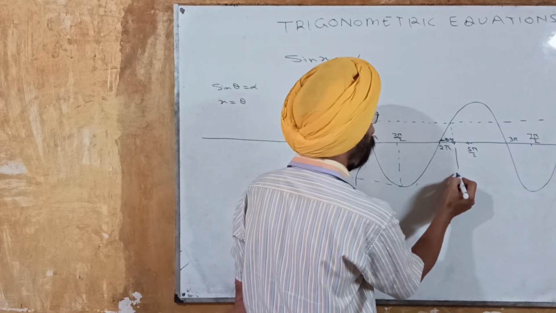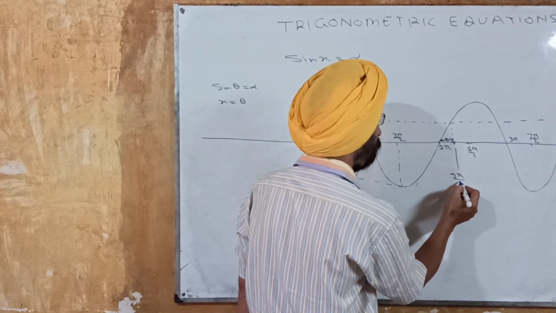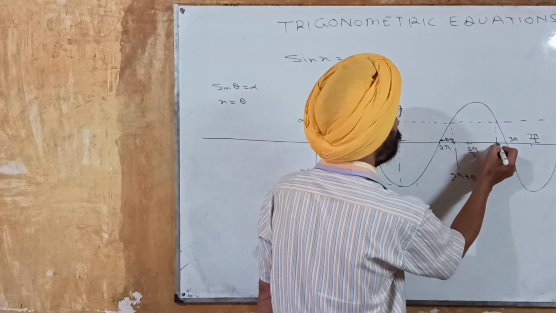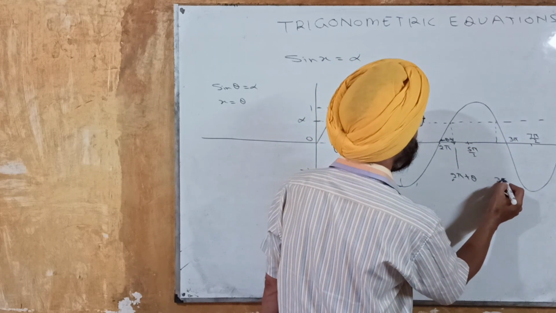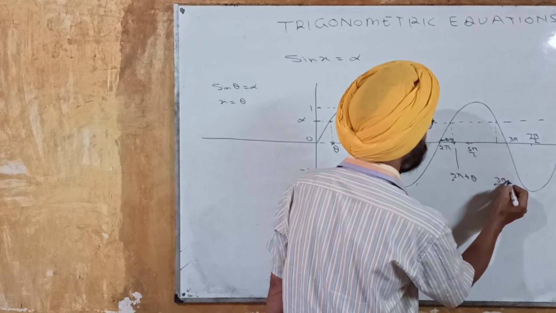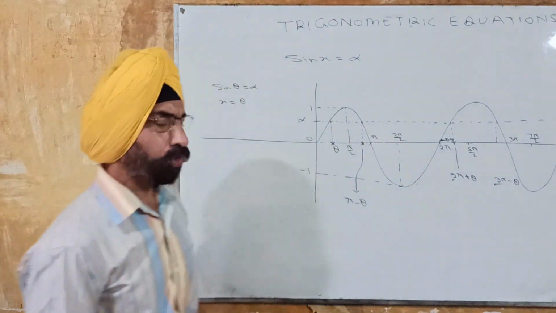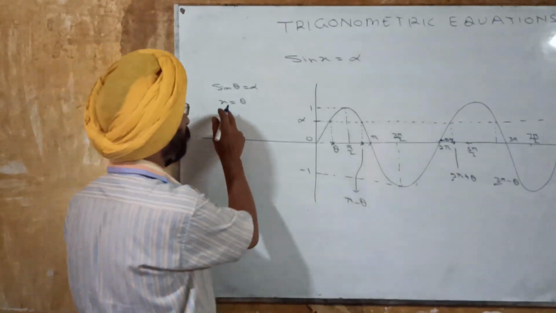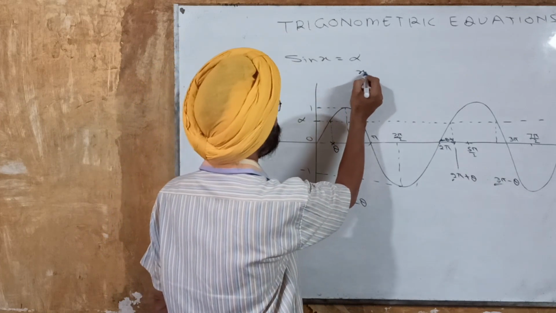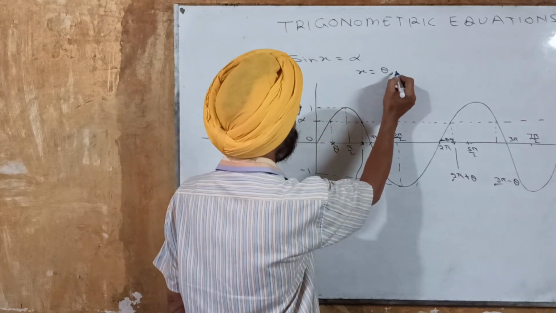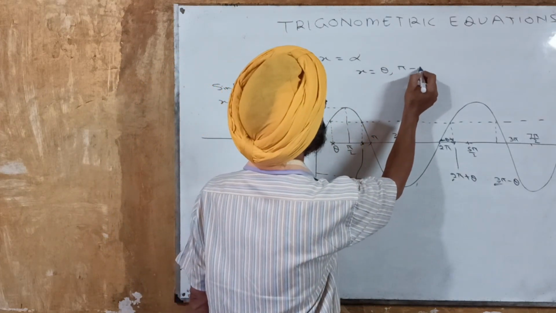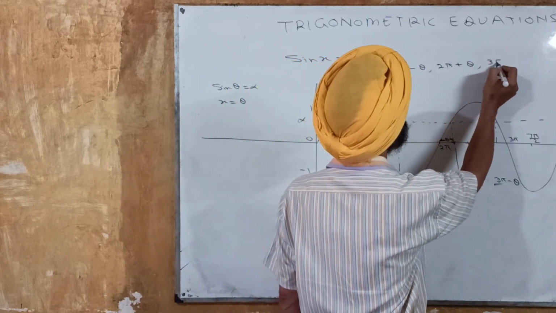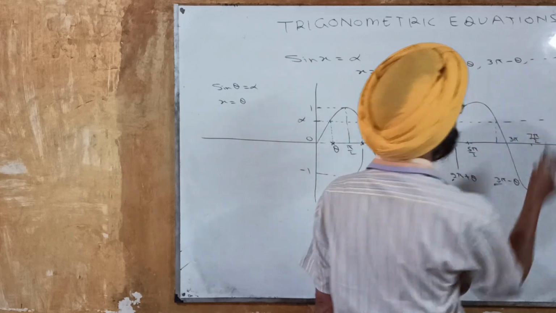So this point will be 2 pi plus theta, and at this point it will be 3 pi minus theta. So in this manner you are getting the values of x: theta, then pi minus theta, then 2 pi plus theta, then 3 pi minus theta, and so on.